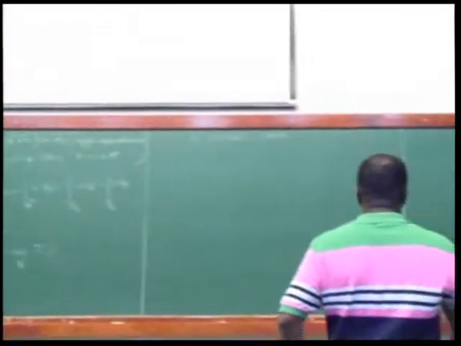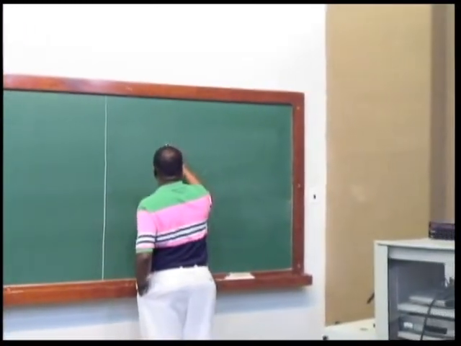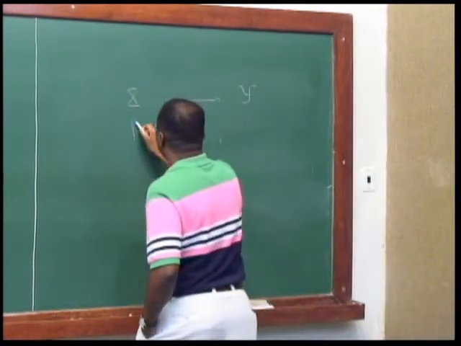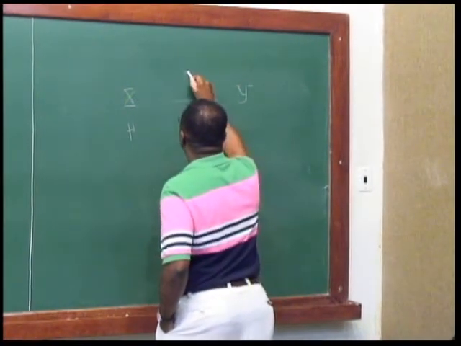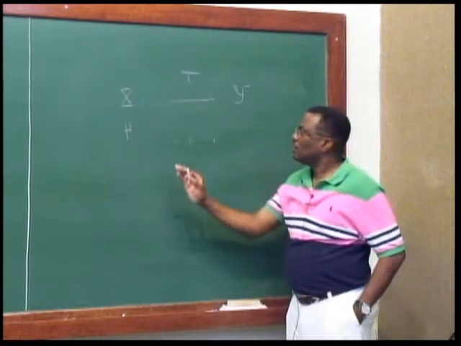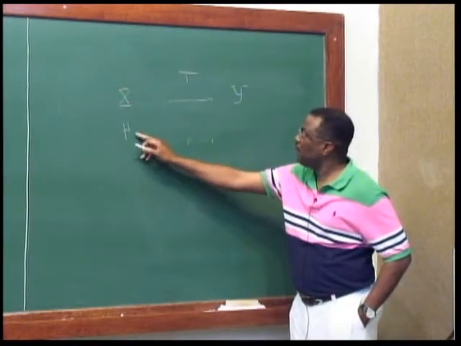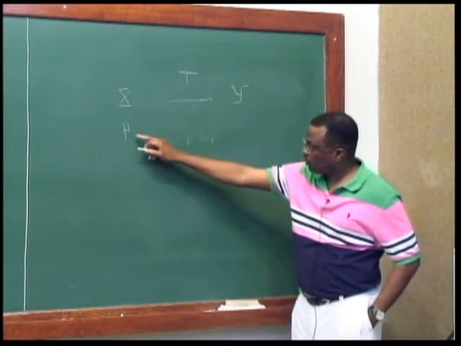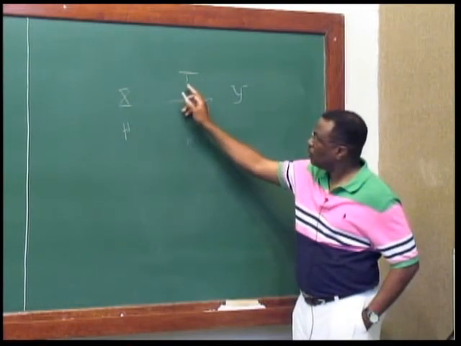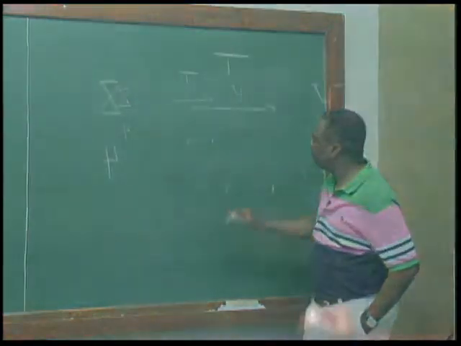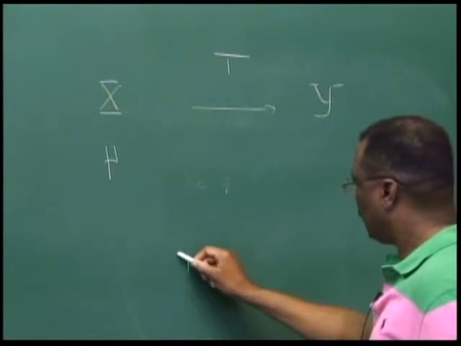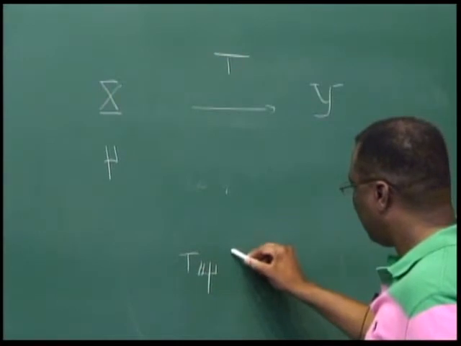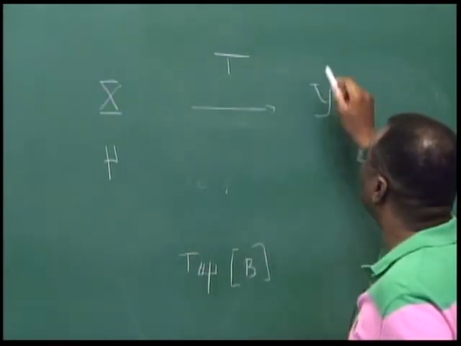So if I have a set X and a set Y, I have a measure here, and I have a map, I want to use this measure and this map to define a measure here. I want to push this measure using that map. T push forward mu, by definition, on B.